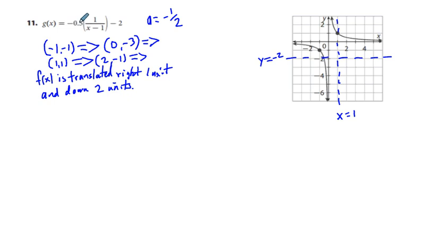But we are turning these, we're compressing the negative sign. F of x is reflected about the x-axis and vertically compressed by a factor of 1/2.